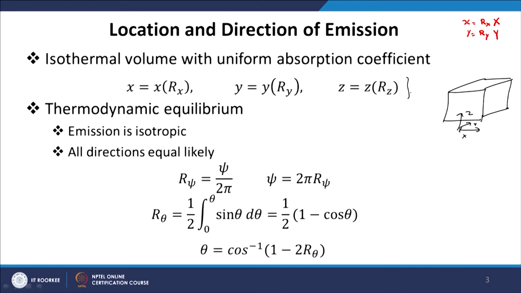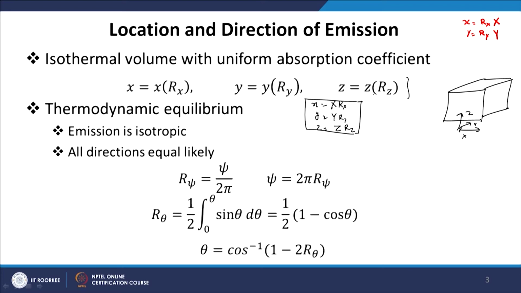But under the assumption that the volume is isothermal and the absorption coefficient is uniform, x will be simply equal to capital X Rx, y will be equal to capital Y Ry and z will be equal to capital Z Rz, where Rx, Ry, Rz are 3 random numbers. So, we have to pick 3 random numbers uniformly distributed. Capital X, Y, Z are the lengths of this finite volume in the 3 dimensions, and the relationship is linear and we can easily calculate this.